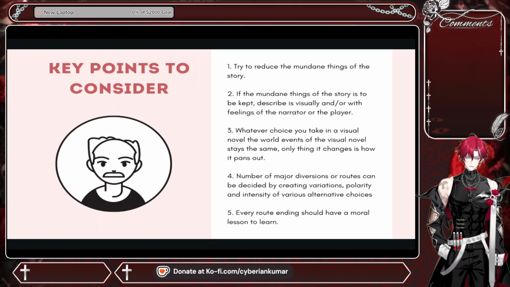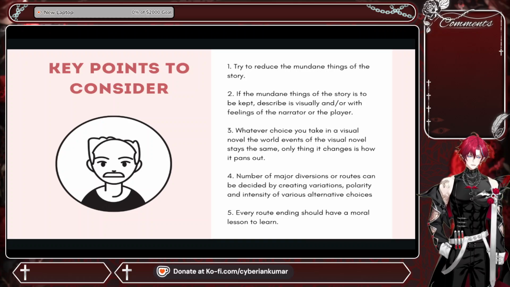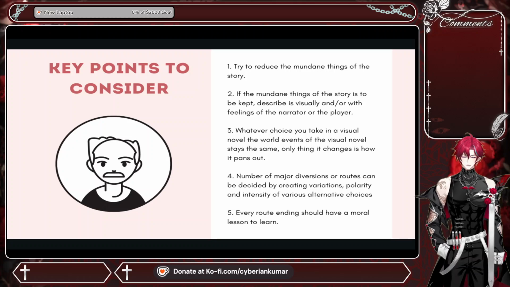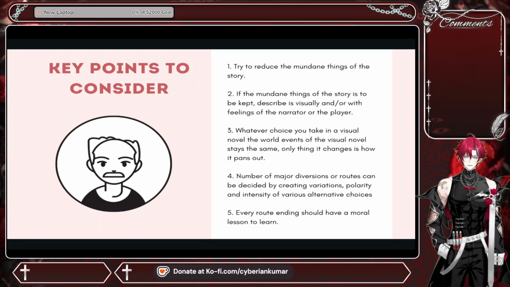So there is a scope of the story in the visual novel, and that scope is what the story controls. Things outside the story, the world events beyond its control, always happen. But how that event pans out for the story depends on the choices the visual novel player has made.